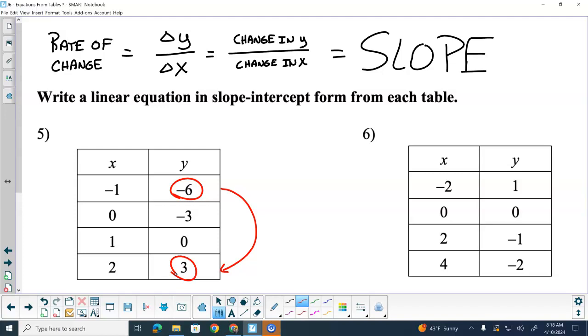Do I add or subtract? Six would get me to 0, right? And then I gotta go how many more? 3 more, right? 6 plus 3 is 9. So that's a +9.